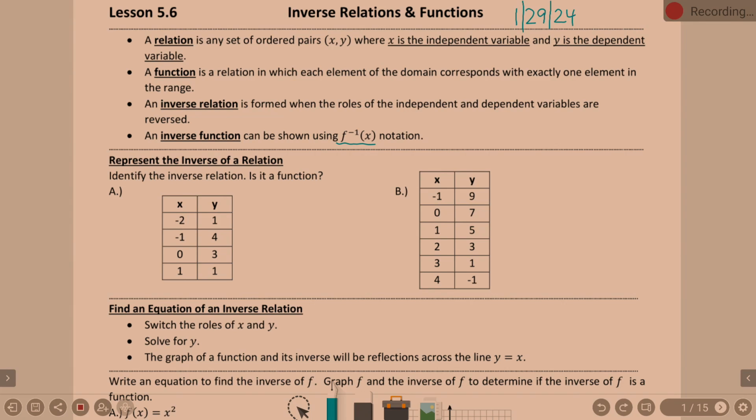Now, we've got a variety of things to talk about, as I said, all related to inverses. We're going to start easy. Identify the inverse relation. And then we're going to answer whether or not it is a function. So, thoughts on what the inverse is?